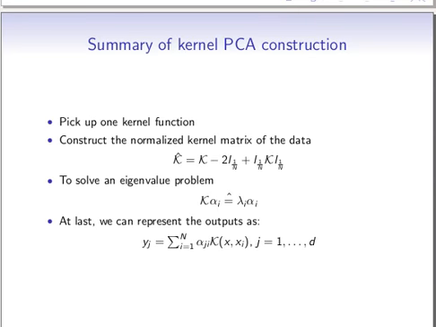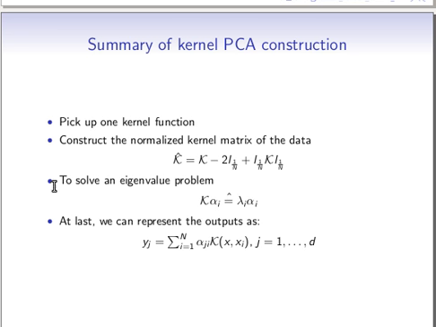Okay, let us summarize the workflow of the kernel PCA. At first, we need to decide one kernel function. For example, you can use the polynomial kernel and Gaussian kernel. Second, we need to construct the kernel matrix of the data and, based on the normalization formulas, get the centered kernel matrix.